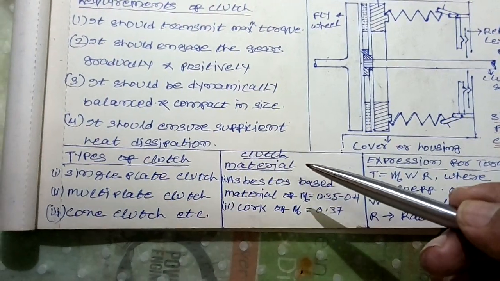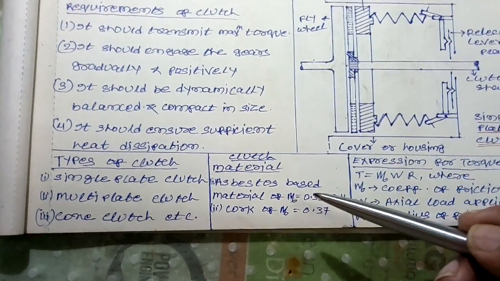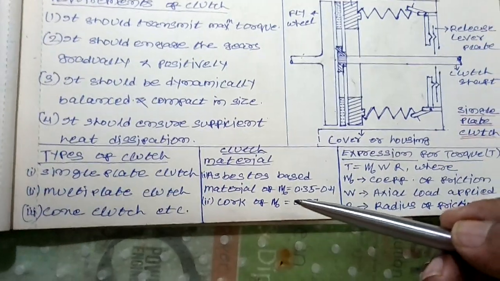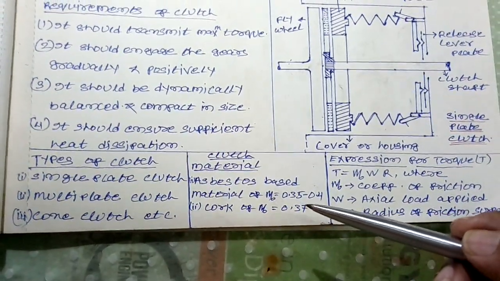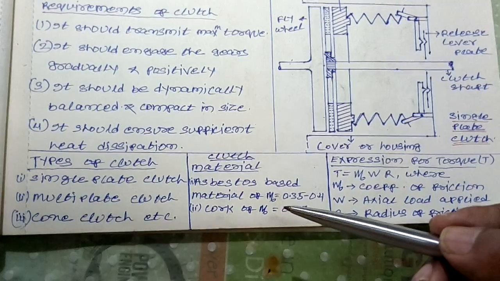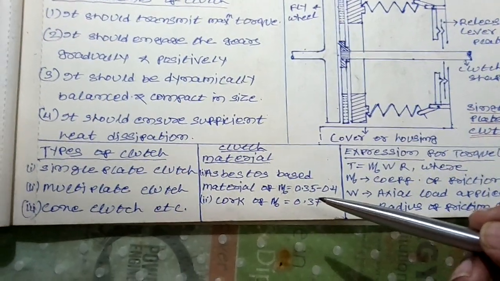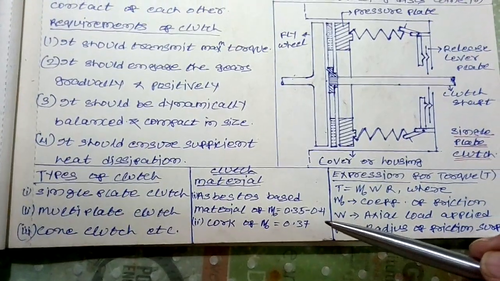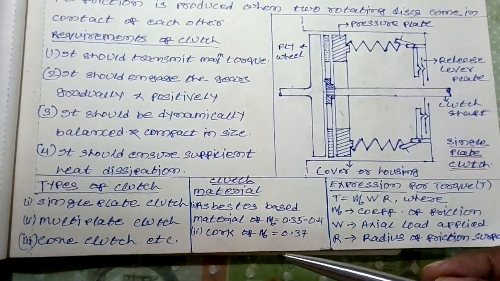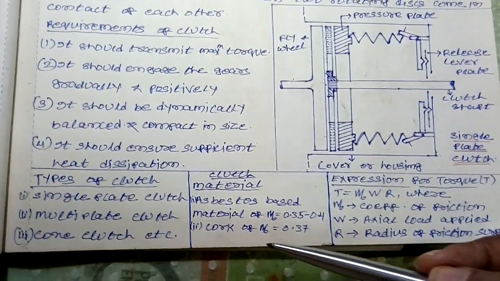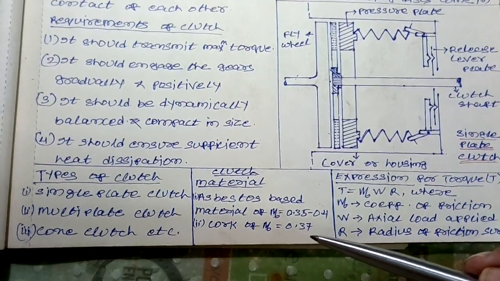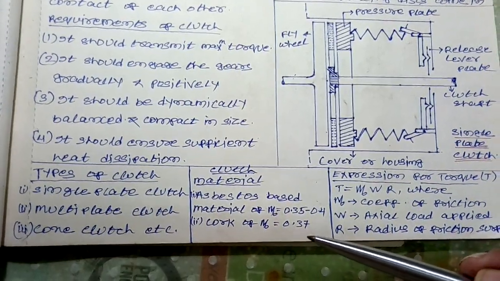Next, clutch material. Usually, asbestos based material is used for making clutches. For asbestos based material, mu, that is the coefficient of friction, varies between 0.35 and 0.4. A clutch can also be made of cork, where the value of the coefficient of friction is 0.37.